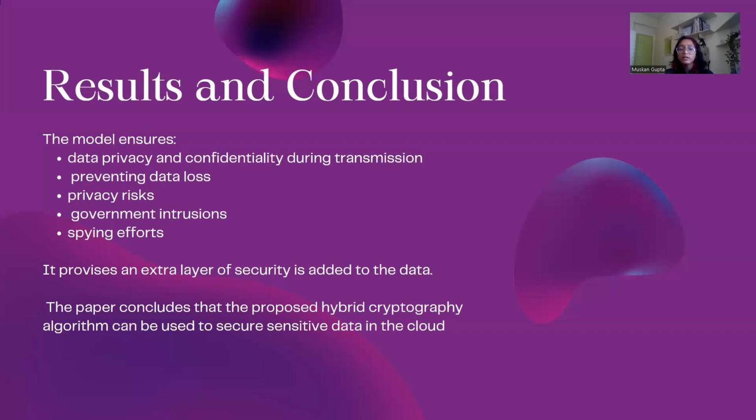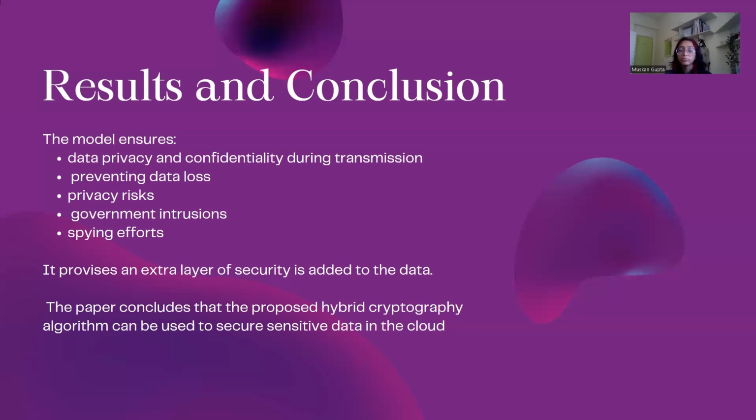The paper demonstrated the effectiveness of the proposed algorithm by conducting experiments on large data sets, and the results showed that it provides better security than other existing encryption algorithms.